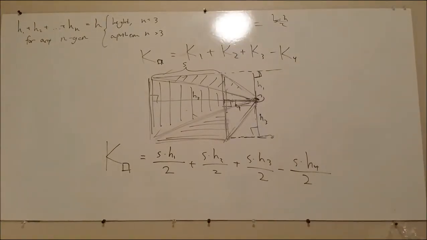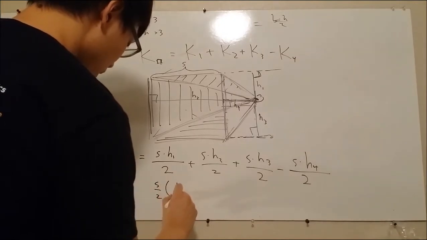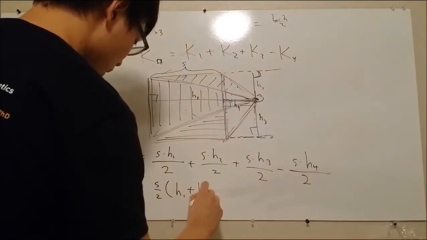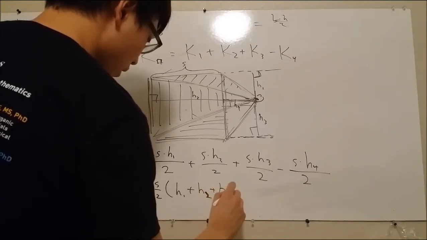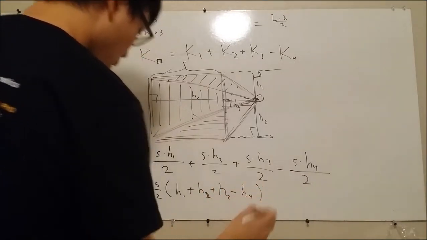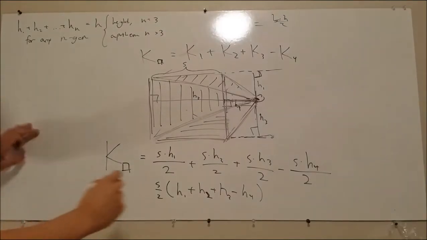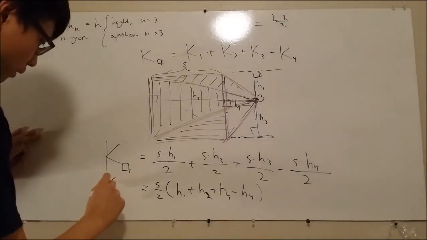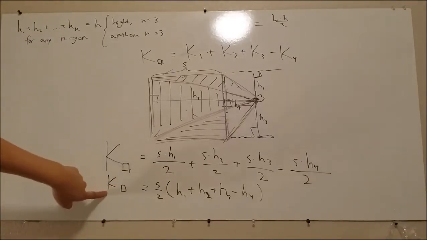Alright, and as before, we distribute out the s over 2 and get h1 plus h3, h1 plus h2 plus h3 minus h4. Alright? So that is our area. Okay? And as before, what did we say?